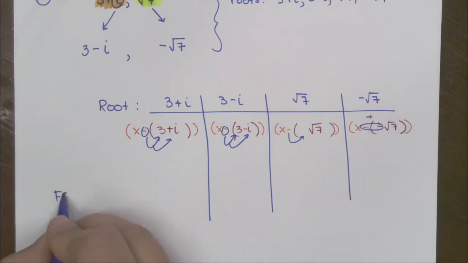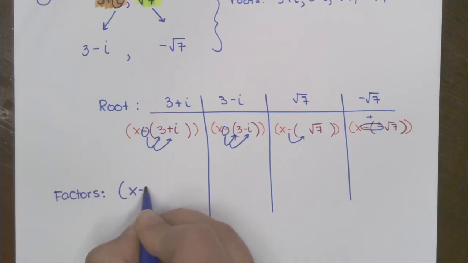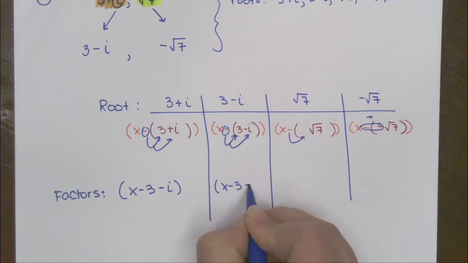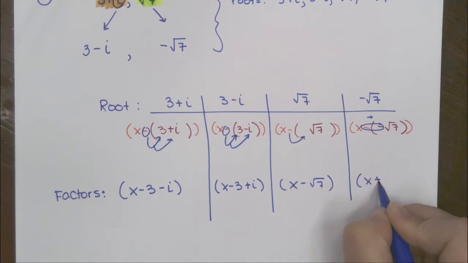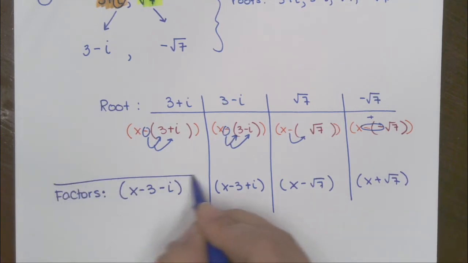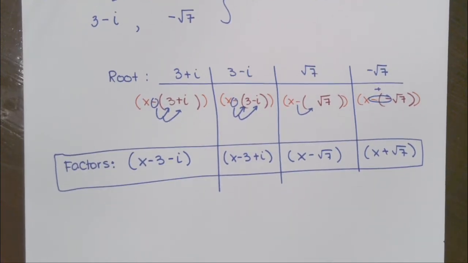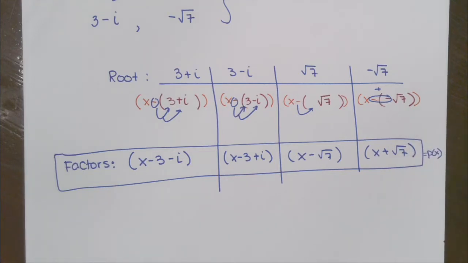So our factors are now x minus 3 minus i, x minus 3 plus i, x minus root 7, and x plus root 7. So these right here, I'm not even going to bother to rewrite. These are your factors. Okay? Set it equal to p of x, and you got your answer for question number 11, the format.